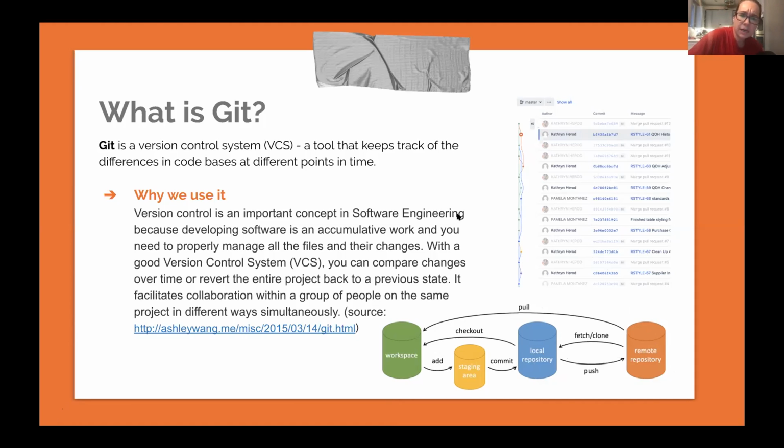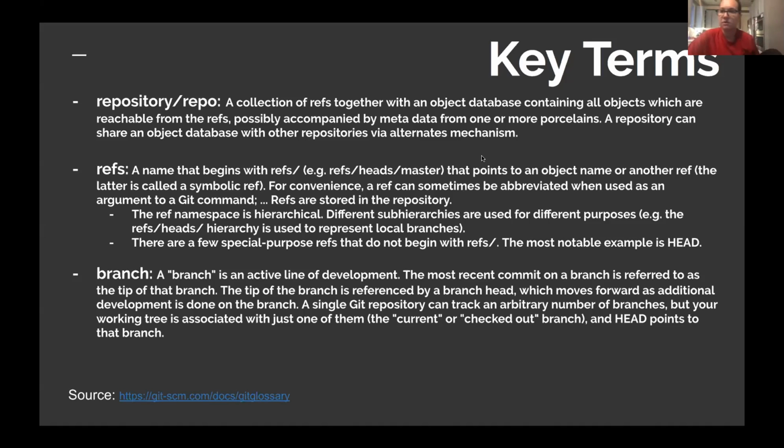So I have some quick little terms to go over. I put the very, very techie terms here for everyone in case you were interested. I thought it was interesting. I had never actually looked up the definition of repository before until I was doing some research for this. But it says a collection of refs. Like, what are refs?